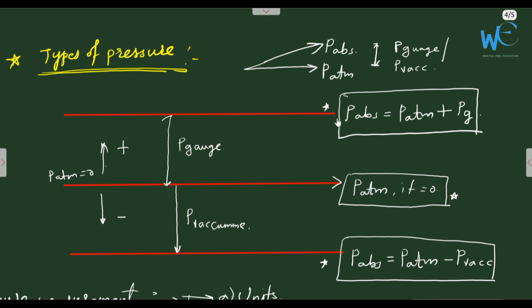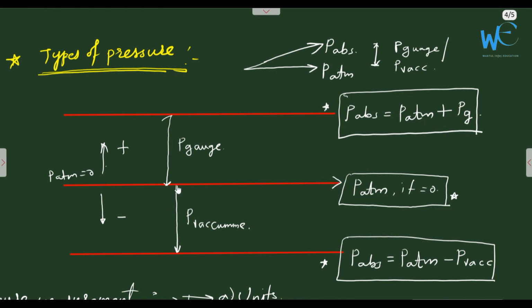So in formula it should reflect like this: P absolute is equal to P atmosphere plus P gauge. On this line, at every point, you will get this amount of pressure, which is P atmospheric plus how far you go above atmospheric pressure. So P atmospheric plus P gauge.